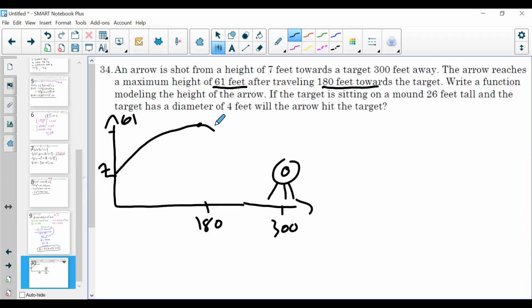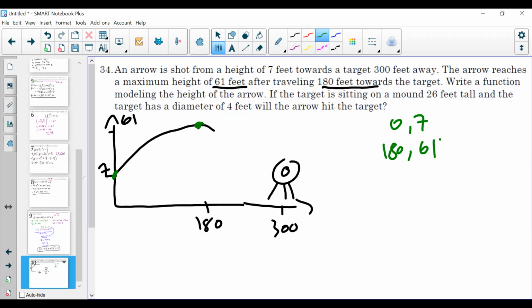So before I worry about that, what I'm going to do is figure out the equation of this quadratic. I have 2 points. This point right here is (0, 7), and this point right here is (180, 61). Those 2 points I know for sure exist, and I can use them to figure out what my quadratic is going to be.